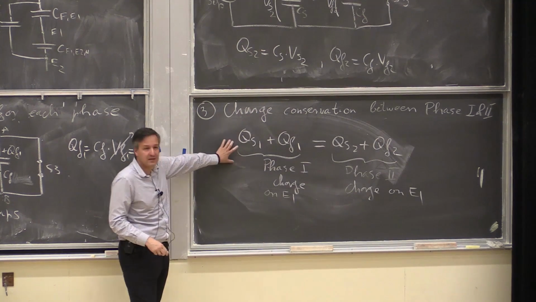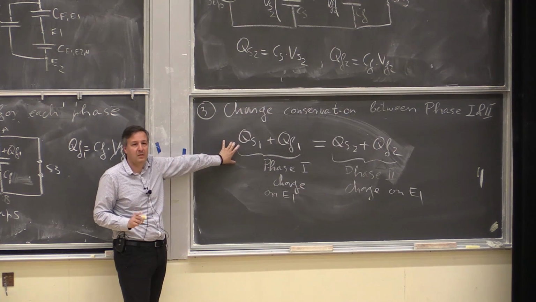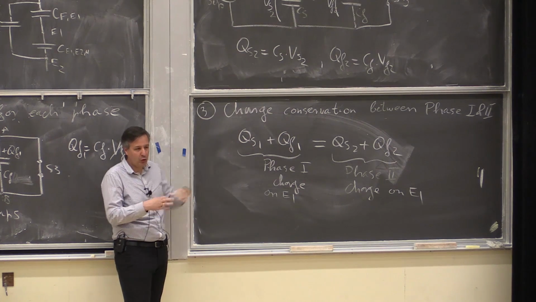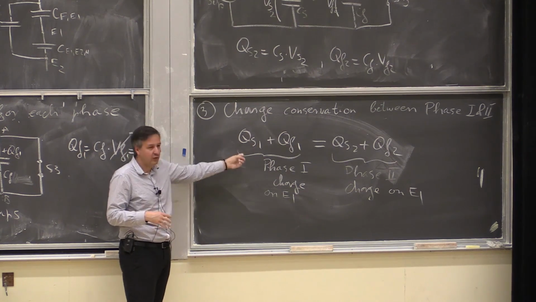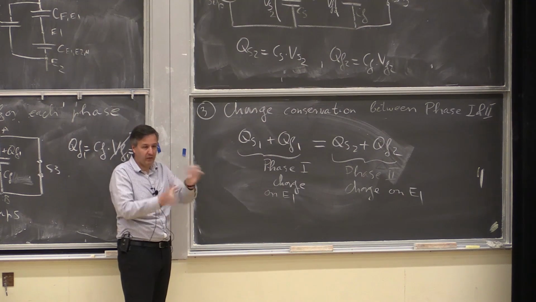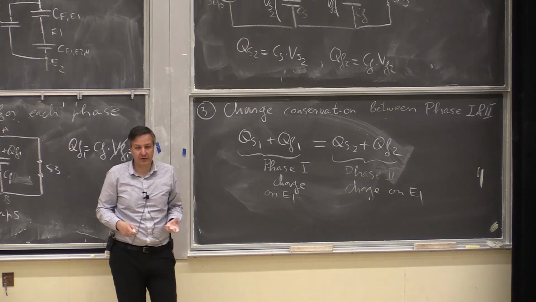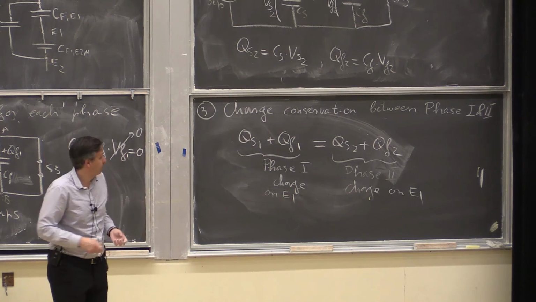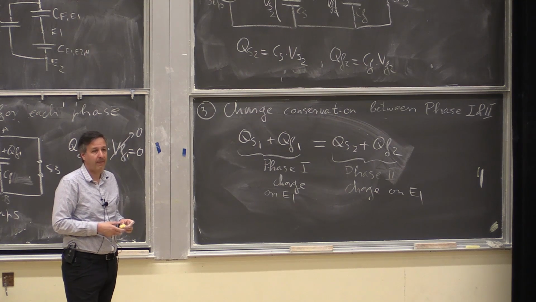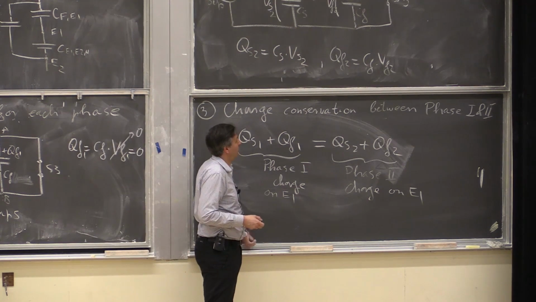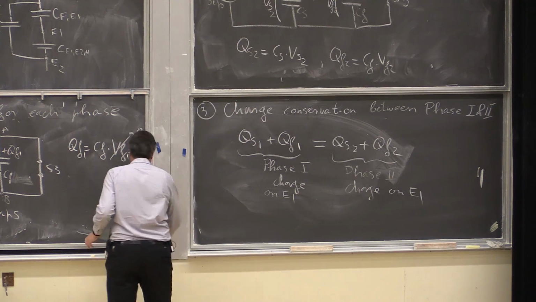Does this make sense? It's a pretty critical step. Most of the time, when you're looking into a circuit, you'll be trying to find this node as the switches are changing, the node where the charge was conserved. Okay, if it makes sense, we're going to solve it.